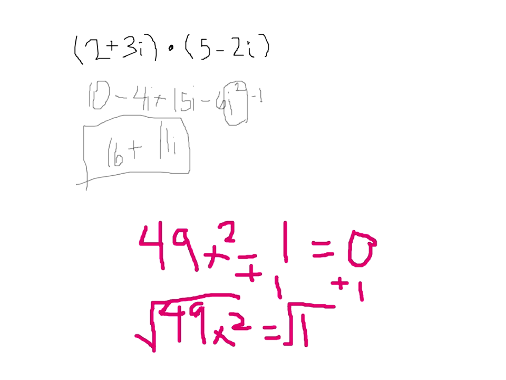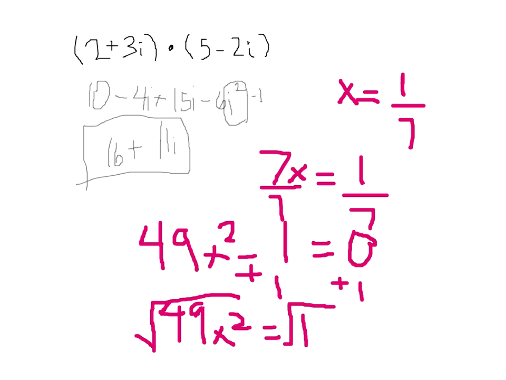Square root both sides, since the 49x is together. So you can square root both sides and then you get 7x equals 1. And then you divide by 7 on both sides so you get x by itself, and then it'll be x equals 1 over 7, I think.